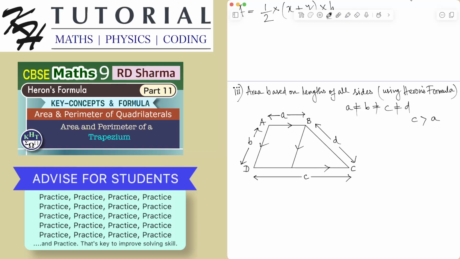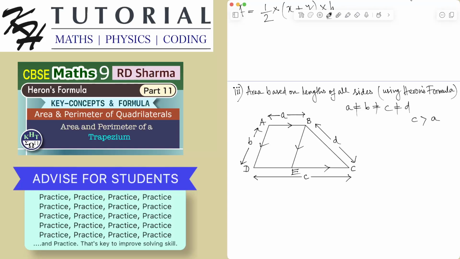So then ABED will be a parallelogram. Since AB is already parallel to DC, AB will be parallel to DE, and we have drawn the line BE from the vertex B parallel to AD. So ABED is a parallelogram.